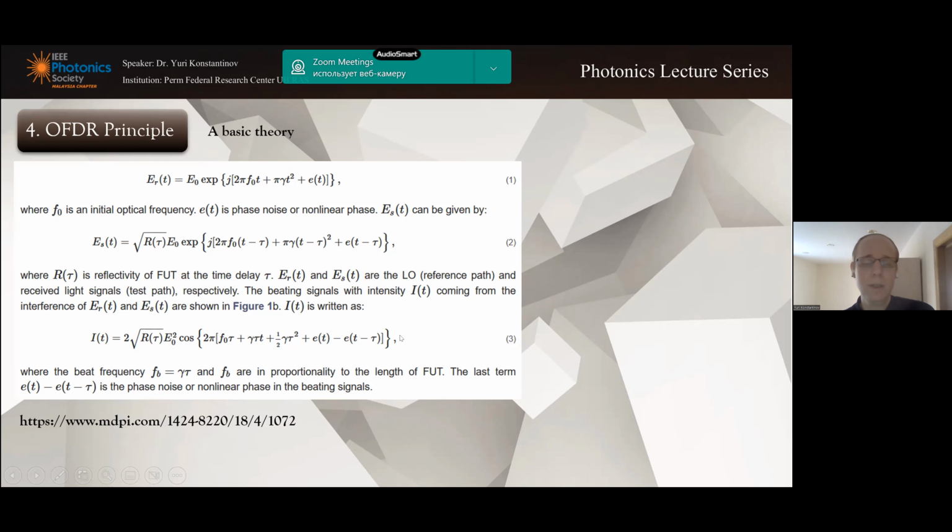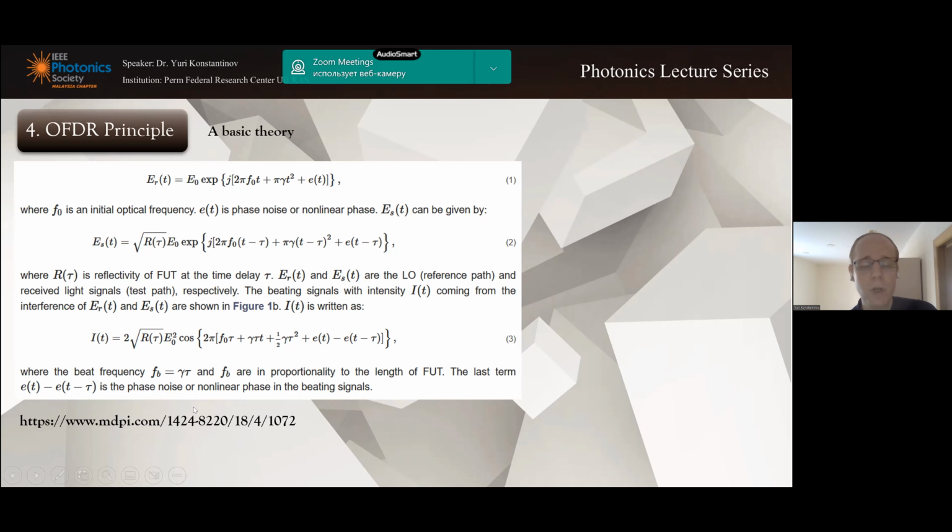The photodetector registers only the real part of this signal, and this is why we have the cosine function. And we can see that F_B = γτ is a beating frequency, which is proportional to the length of the fiber under test, just like I said before. Here's the very simple principle of how the OFDR setup works, and I hope that it is rather clear.